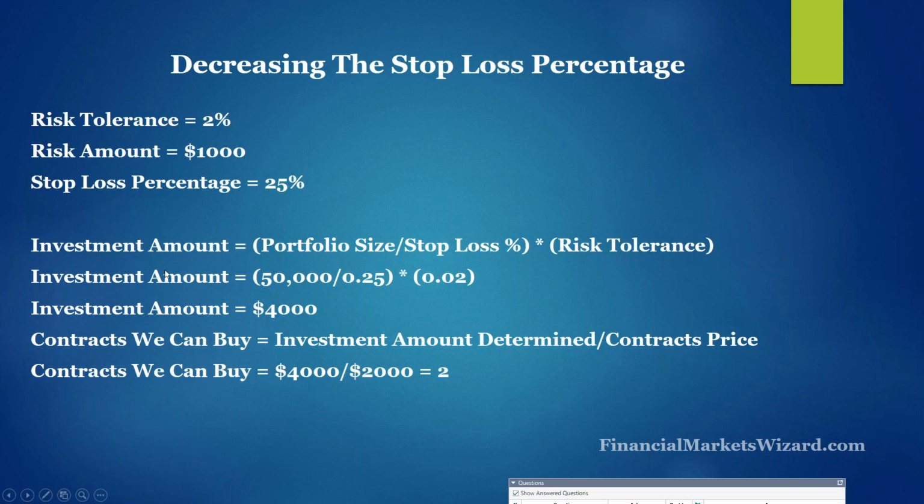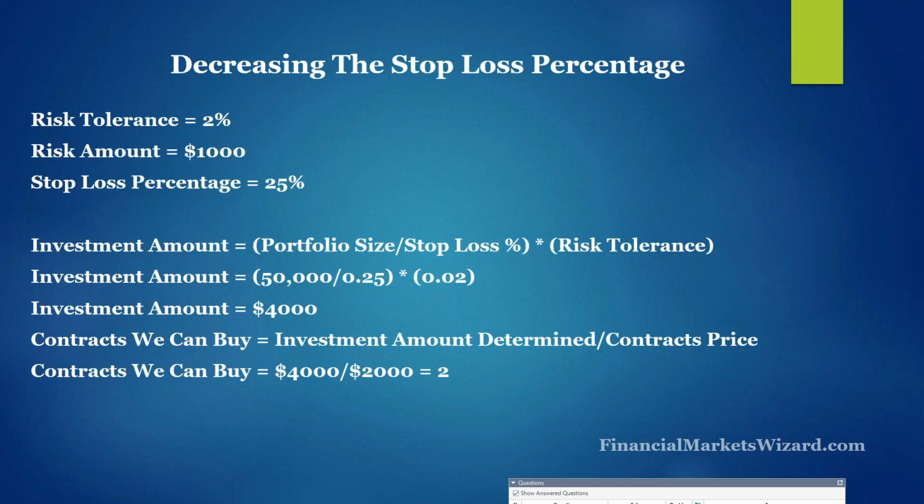So if you plug in these numbers in this formula, portfolio size is 50,000, your stop loss is 25%, 0.25, and then you multiply it with the risk tolerance, 0.02. So based on the formula, you are willing to invest $4,000, and each Amazon contract is trading at $2,000. So you are willing to buy 2 contracts now.